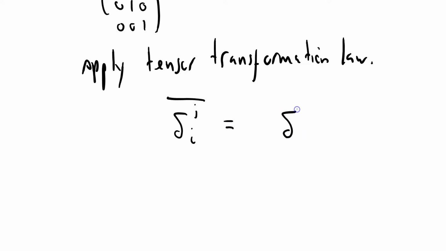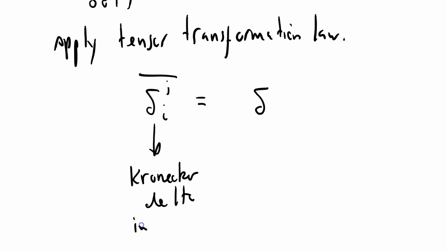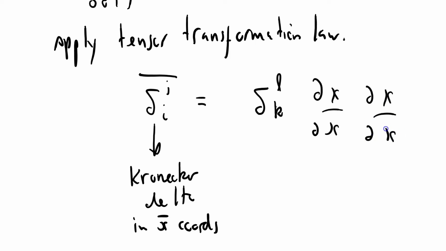In terms of the old original, this is the Kronecker delta in a barred coordinate system, in x bar coordinates. So what's it equal to? It's going to have a k and l. We've got ij, k, l, and the partial derivatives of x.